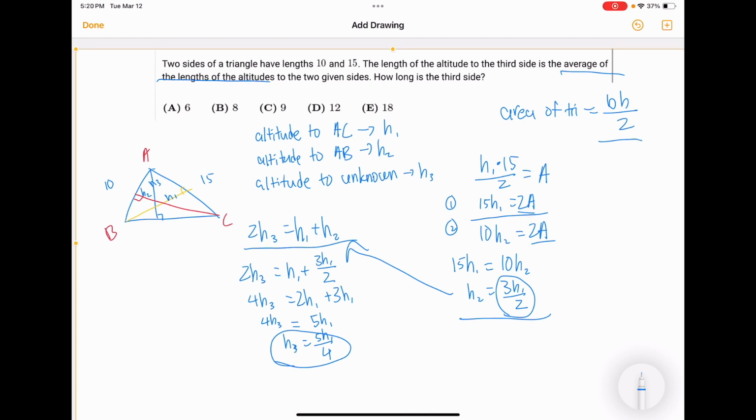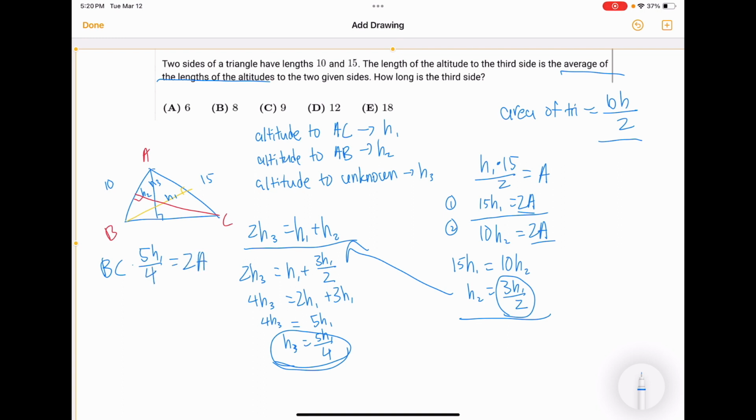We are trying to solve for BC, which is the third side. And so BC times the height, so the altitude to BC, which is H3, and we have already solved for H3, which is 5 times H1 over 4, this is equal to 2A.